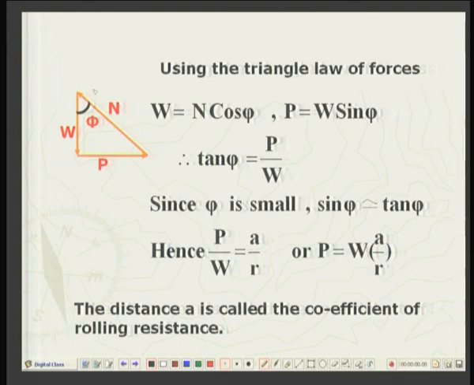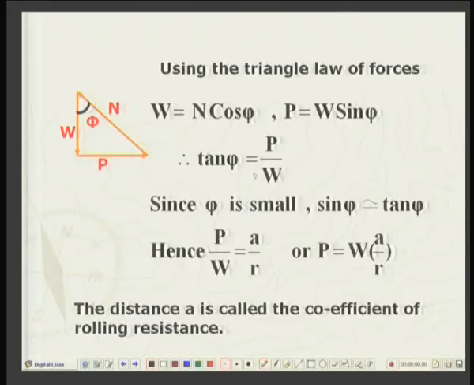So completing this triangle, we can say that W is equal to N cosine phi, okay. P is equal to N sine phi, and tangent phi is equal to P over W. Now in small angle approximation, sine phi is very close to tangent phi, and both of them are very close to angle phi itself expressed in radians.